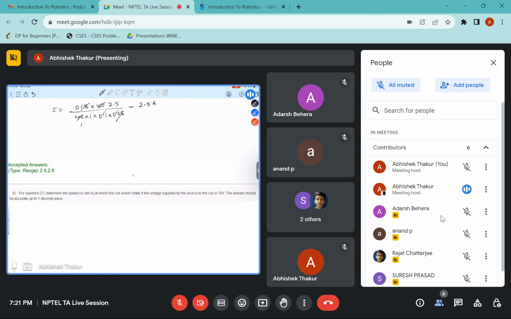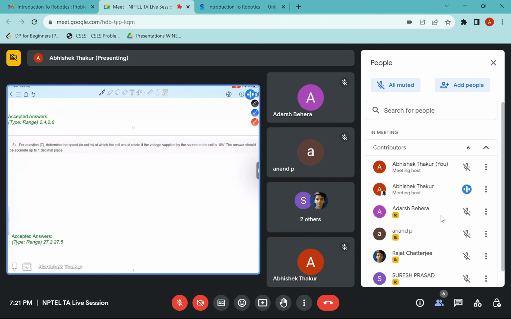So now for the same question, it is asking to determine the speed in radian per second at which the coil would rotate if the voltage supplied by the source to the coil is 10 volt.